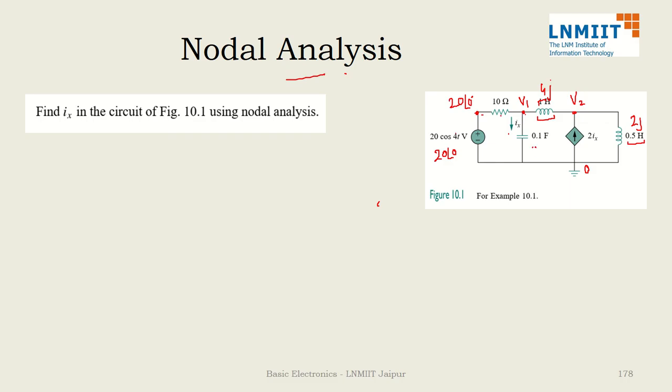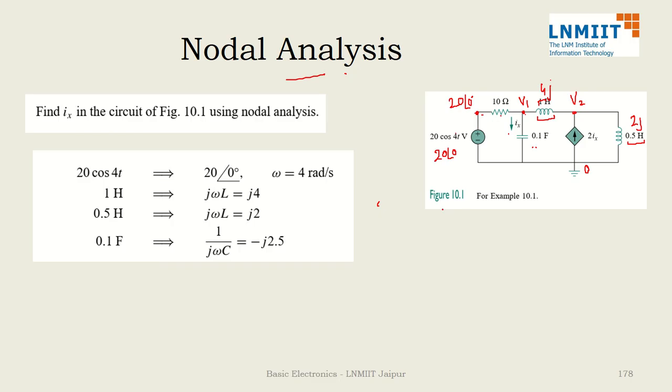This one also we have to convert, and when we do that, this is coming minus 2.5J. V1 minus 20 by 10 plus V1 minus 0 by minus 2.5J plus V1 minus V2 divided by 4J equal to 0.